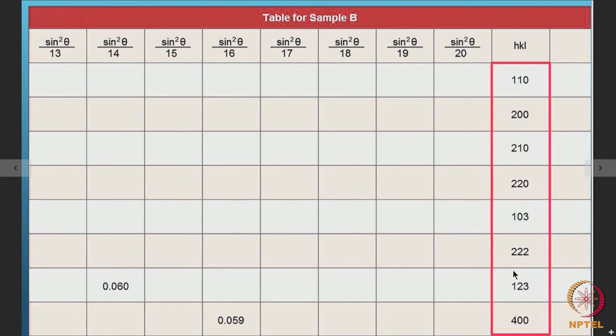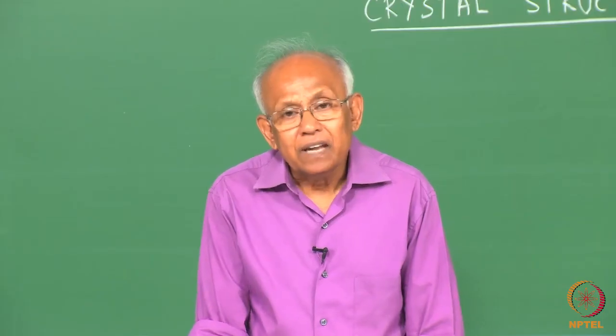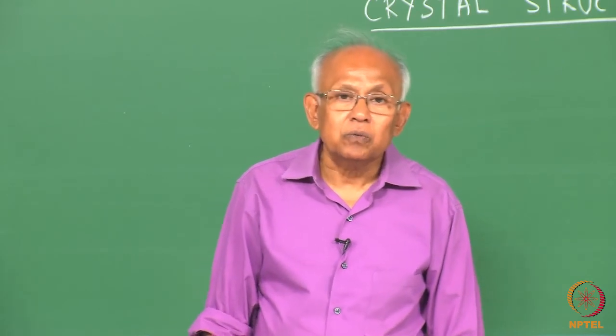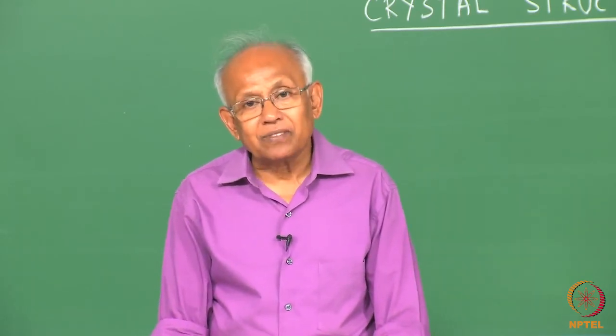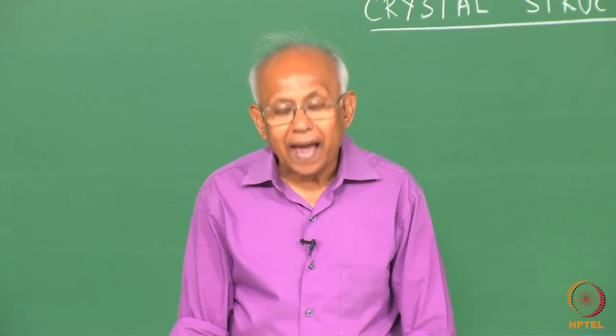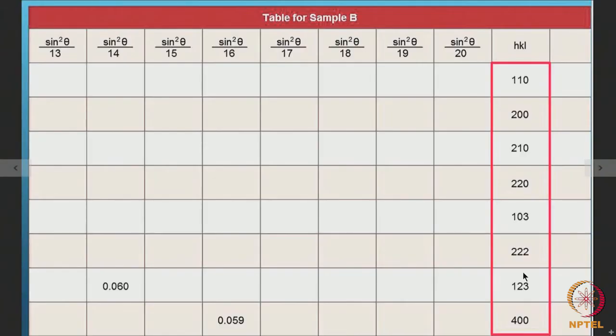So, the HKL values of the lines are such that H plus K plus L is an even number in each case, and this is the condition for a body centered cubic structure. If a material has a body centered cubic structure, we know that H plus K plus L must be equal to an even number, and this is what is true in this particular case. So, now we have determined the crystal structure and Bragg lattice for this unknown material.